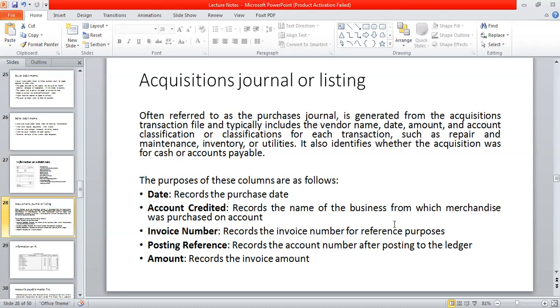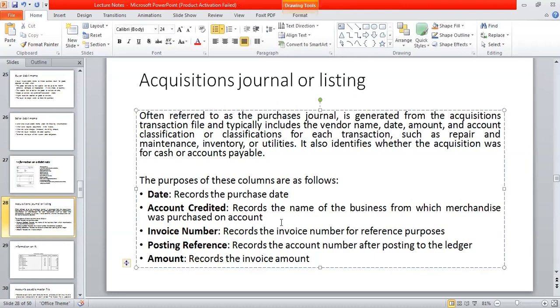For example, if the HR department requested stationery, they will send a purchase requisition to the buying function.